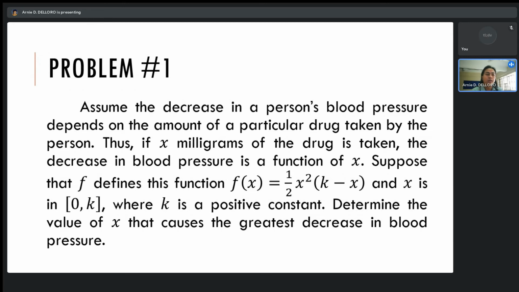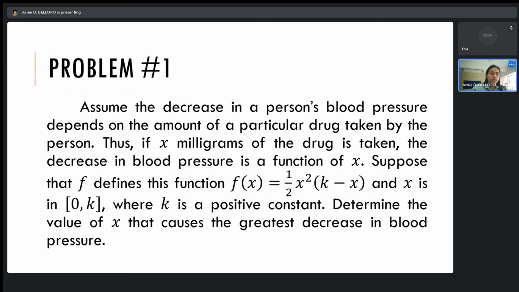Okay? Take note, yung X natin dito is the independent variable, while the dependent variable is the blood pressure. Since meron naman ng binigay na mathematical model, all we have to do is to solve for this one.